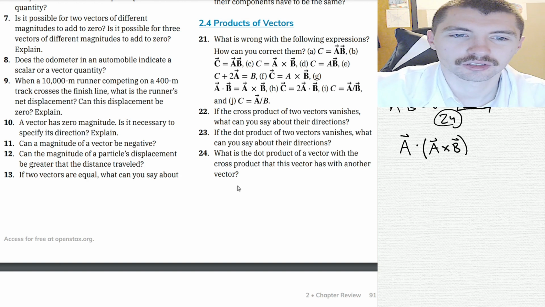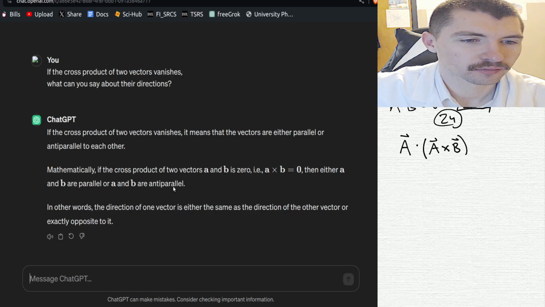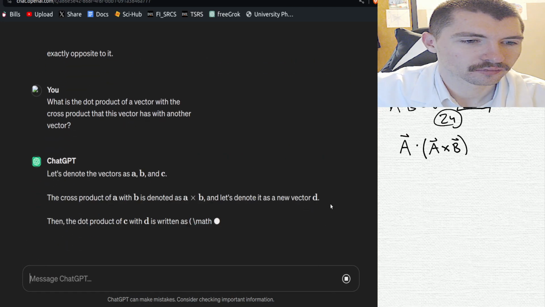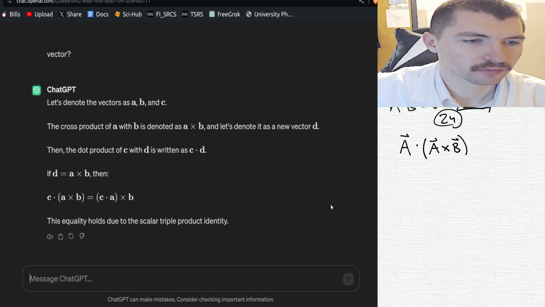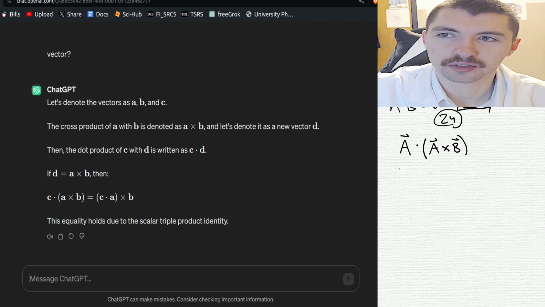Okay. Let's get a second opinion. Okay, so I notated it right. Triple scalar product identity. Okay, so I don't think I knew that.